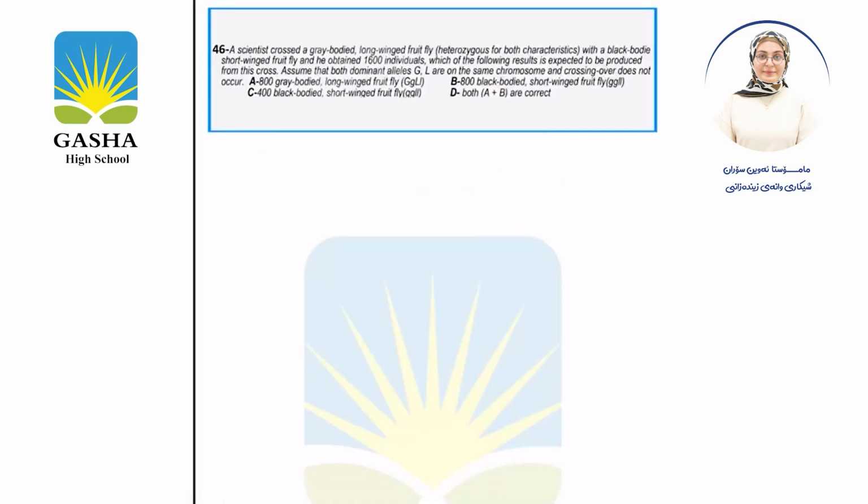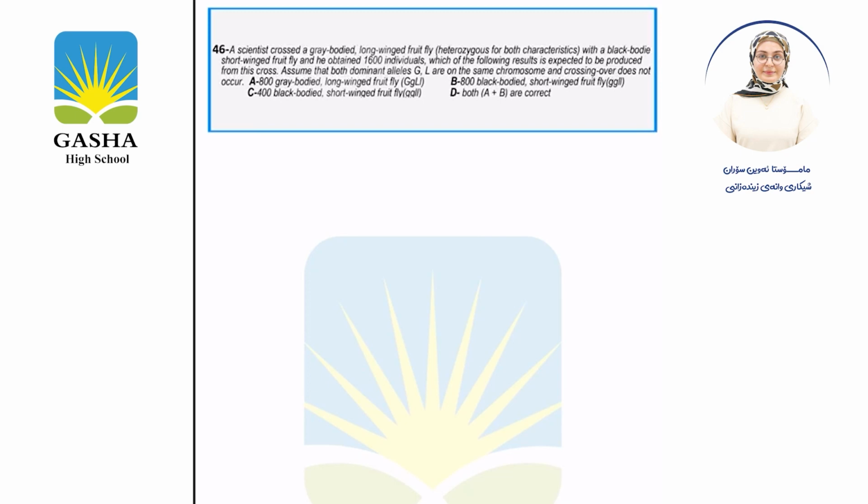Question 46. A scientist crossed a gray body, long-winged fruit fly, heterozygous for both characteristics, with a black body, short-winged fruit fly, and he obtained 1,600 individuals. Which of the following results is expected to be produced from this cross? Assume that both dominant alleles are on the same chromosome and crossing over does not occur.